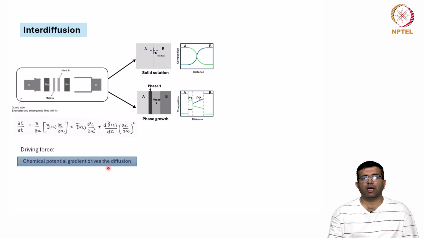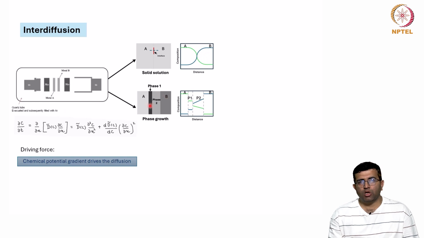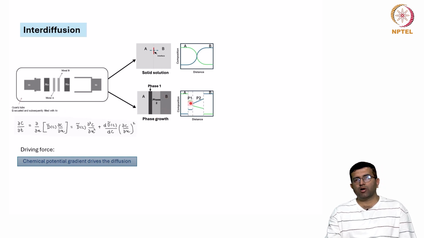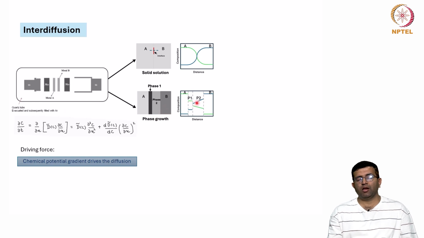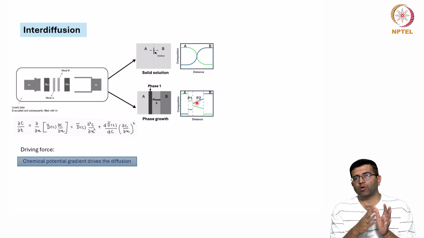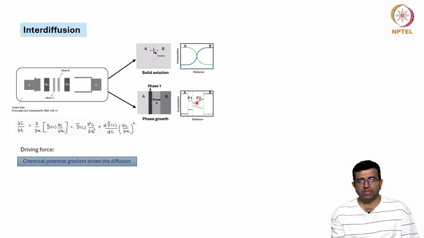So, we saw that either you can form a solid solution, in which case the interdiffusion profile is like that, or you can also form intermetallics, where you can have a constant composition or a slight gradient, depending on whether the intermetallic itself is a line compound or a wide intermediate phase.